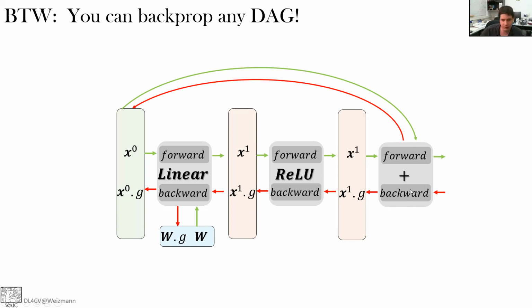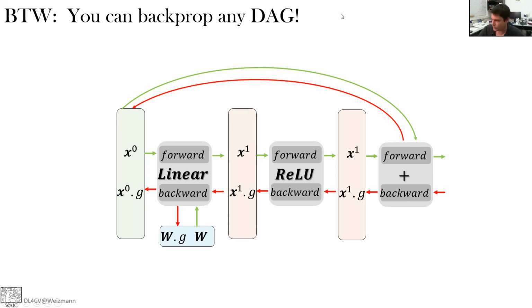Specifically, summation is a very easy process to differentiate, so the gradient with respect to each of them is just the sum of the gradients. So you can be very creative and do whatever you want with this, as long as you have a directed acyclic graph. Then you can do backpropagation through it.